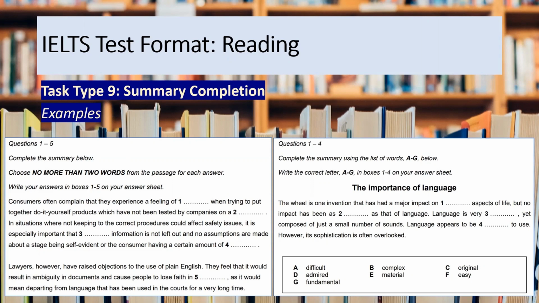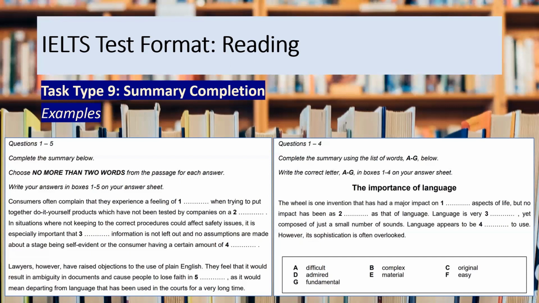We are not going to read it in detail, but just to have an idea of how these questions will be attempted. You understood how this summary will be completed. Blanks are given there, and we have to fill in those blanks.